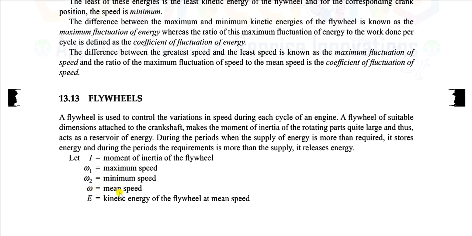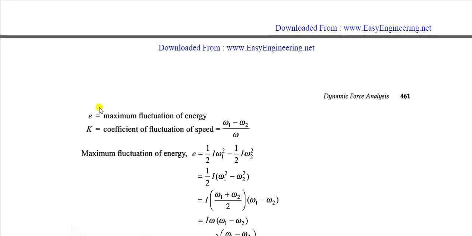And omega we are assuming as mean speed. E is the kinetic energy of the flywheel at mean speed, and this small e is the maximum fluctuation of energy, meaning maximum kinetic energy minus minimum kinetic energy. That gap is called the maximum fluctuation of energy.